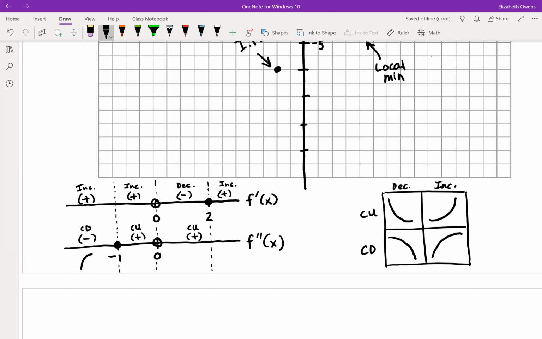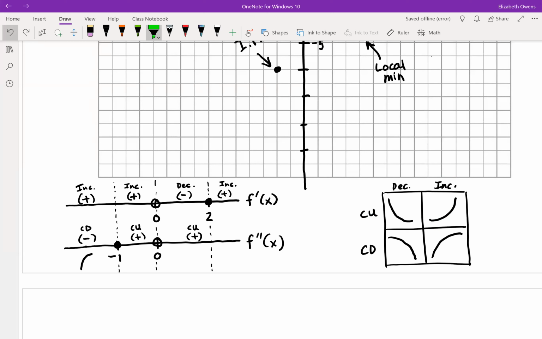So we've got our increasing plus concave down there, and then look at our next interval from -1 to 0. The function is concave up and increasing. So that is going to be concave up, increasing, this type of shape right here.